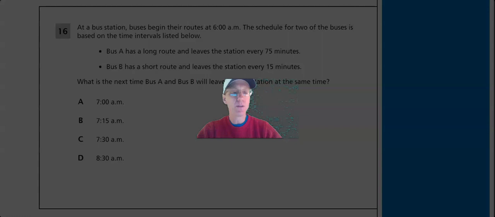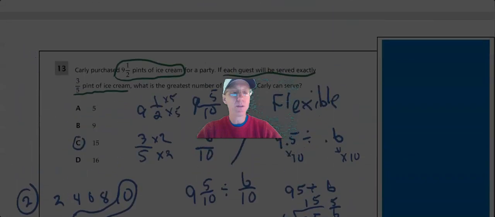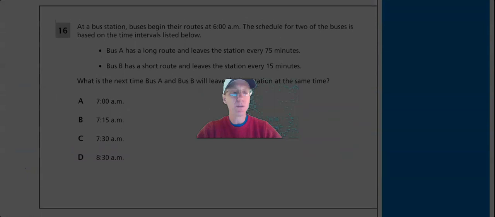Okay, I guess I should go back, just so you can see. This one was 9 1/2 divided by 3/5. If I were to do that real quickly, if I was going to use keep, change, flip, I could change this to an improper fraction.